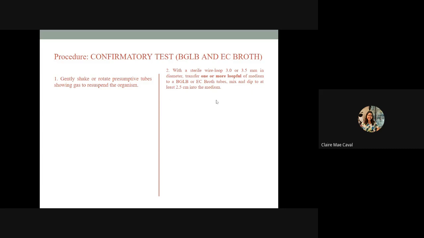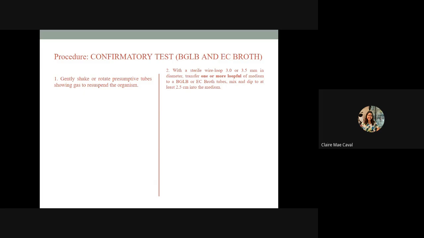So again, from the LSB, yung mga nag-positive after 24 to 48 hours na culture tubes, we have to transfer one or more loopful of medium to brilliant green lactose broth and to EC broth kasi nasa confirmatory na tayo. To confirm total coliform in BGLB and fecal coliform in your EC broth. Okay?